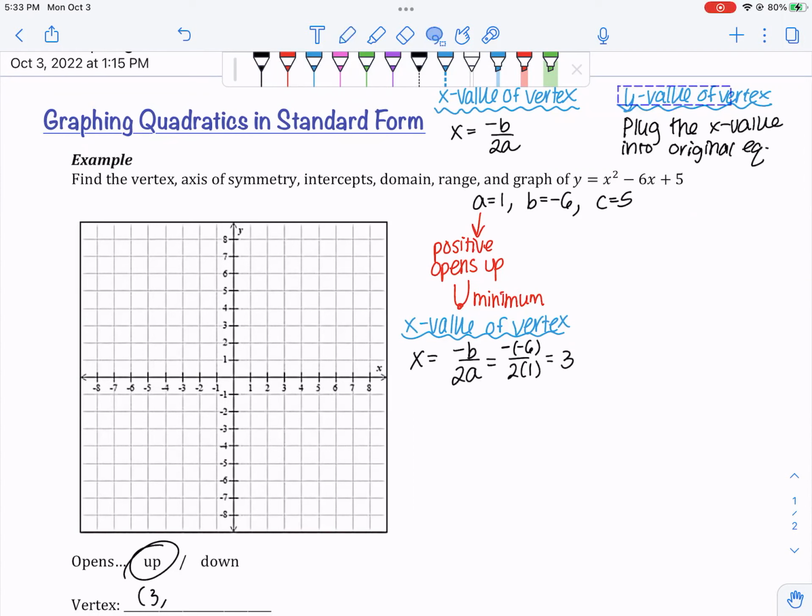To find the y value of the vertex, I'm plugging this 3 into the original equation here. So y equals 3 squared minus 6 times 3 plus 5. That's going to be 9 minus 18, negative 9 plus 5, negative 4. That's the y value of the vertex. So we have 3, negative 4. There's my vertex.